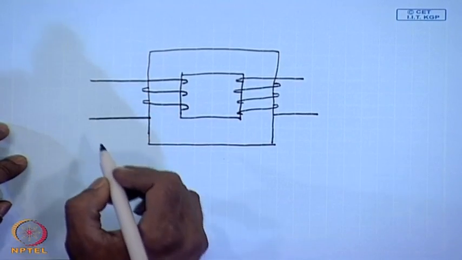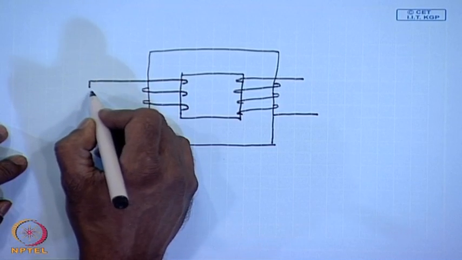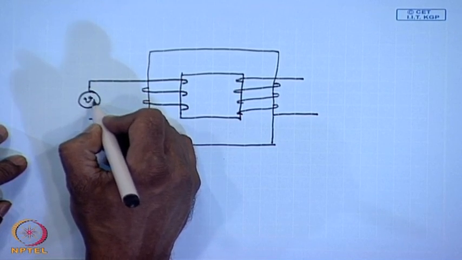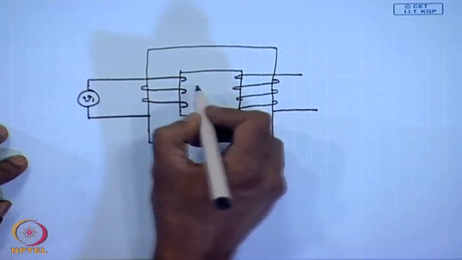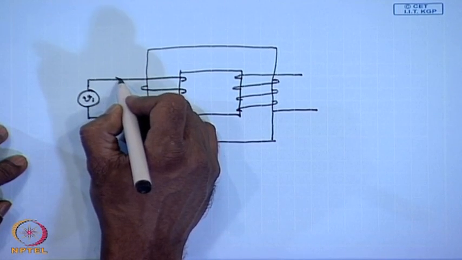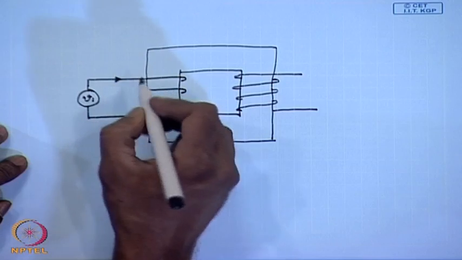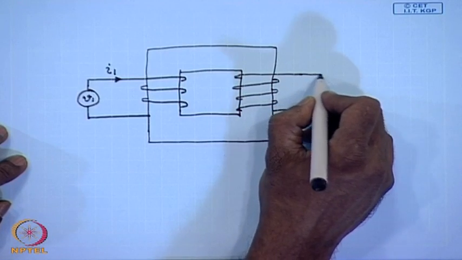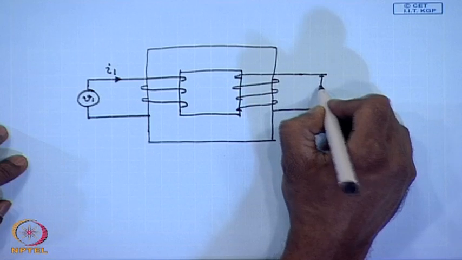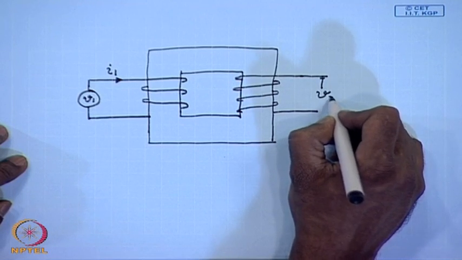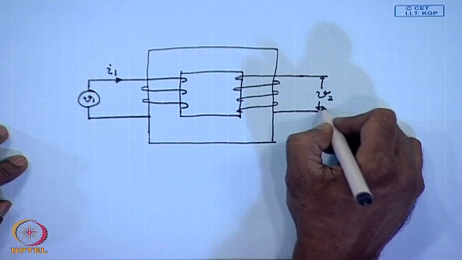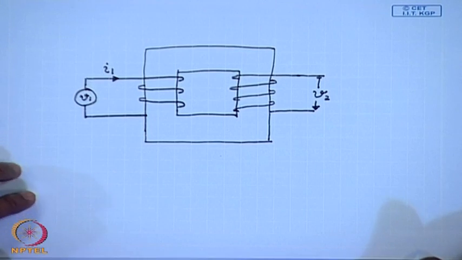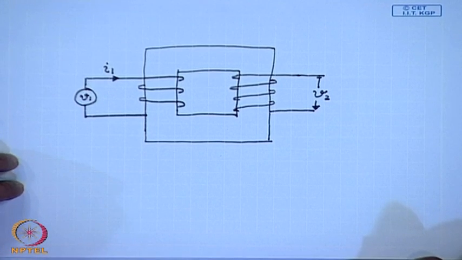So, if we connect a voltage source V1 here, there will be a current I1 flowing into the coil, and this will generate a voltage V2 in the second coil by the principle of induction, that is, Faraday's law.